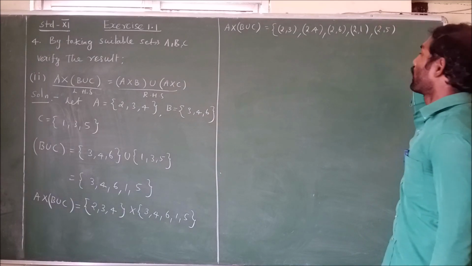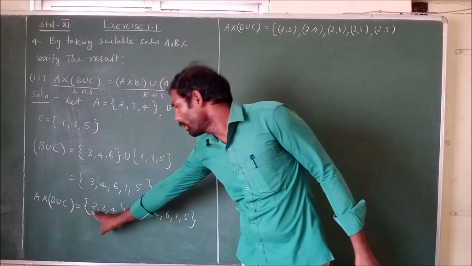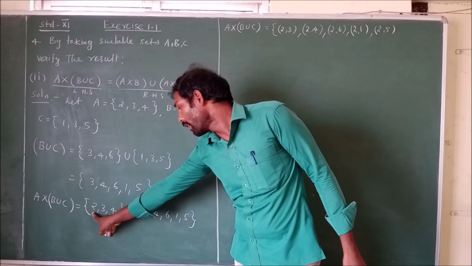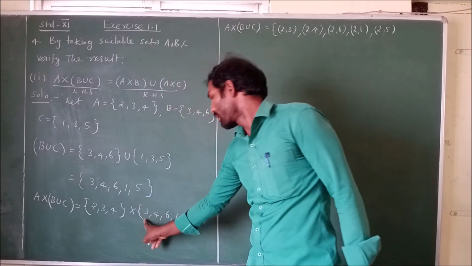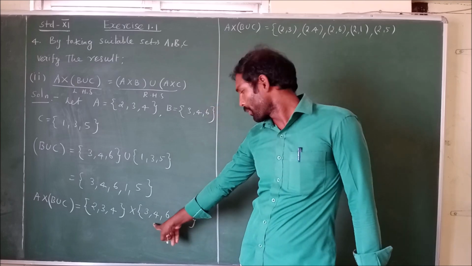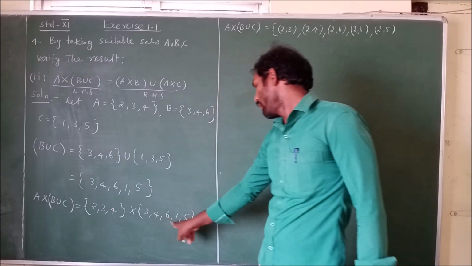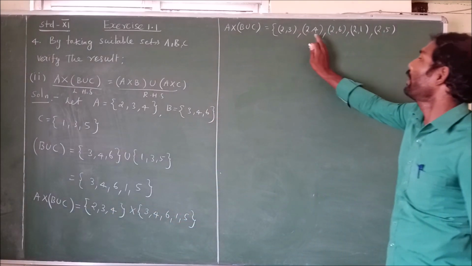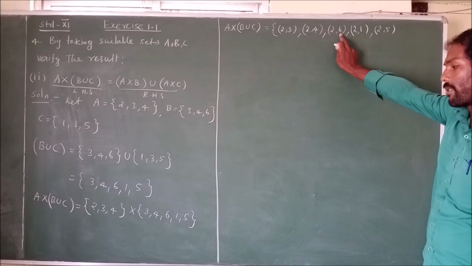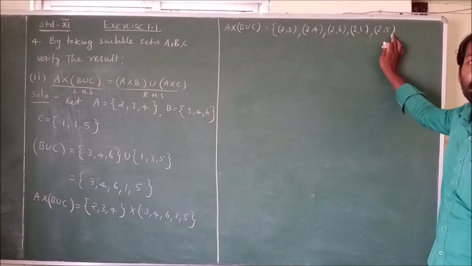So the first element 2 in set A is multiplied with all elements: 2 into 3, 2 into 4, 2 into 6, 2 into 1, and 2 into 5.